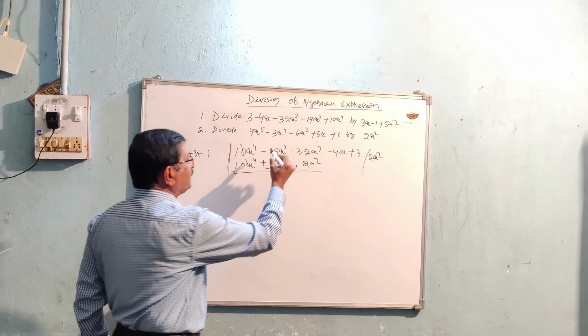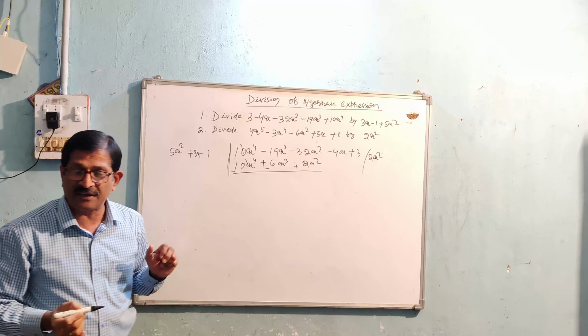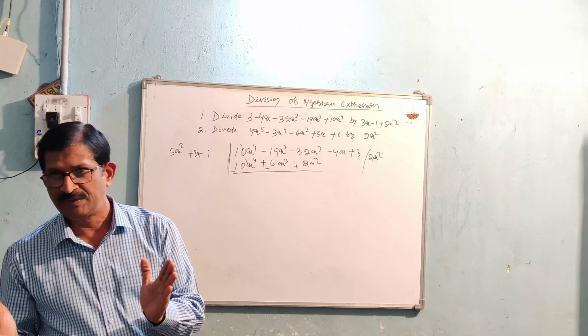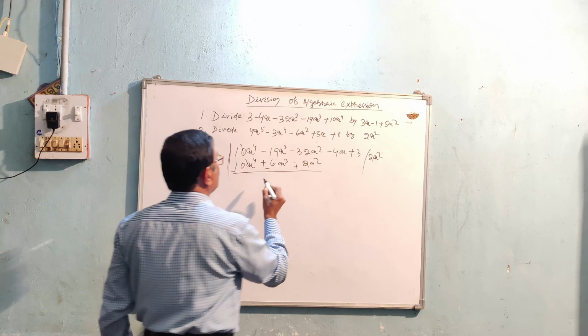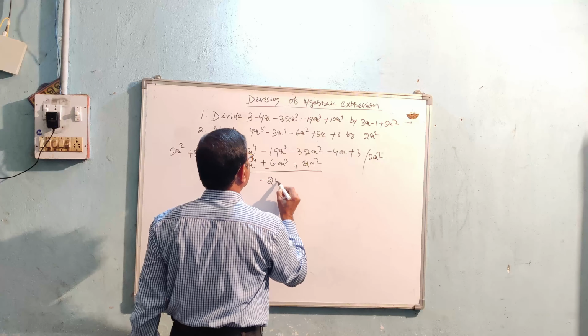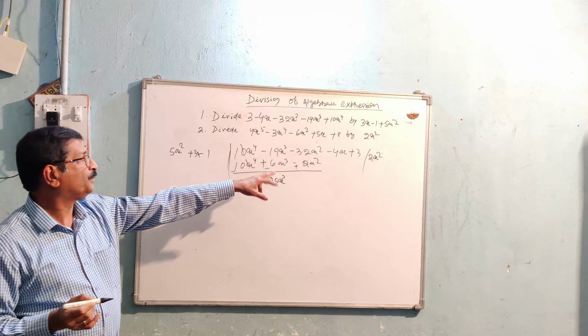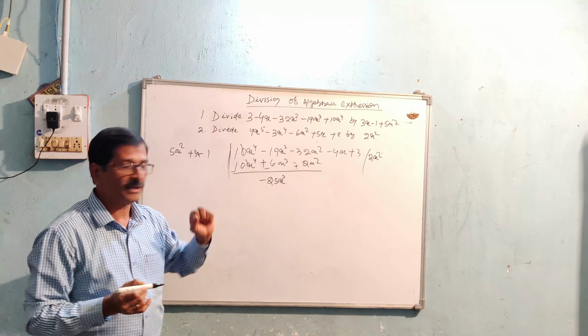Second one, it is minus 19x cube and it is minus 6x cube. That you have to remember. Whenever both are minus, then you have to add them and write in negative sign. Means minus 25x cube.